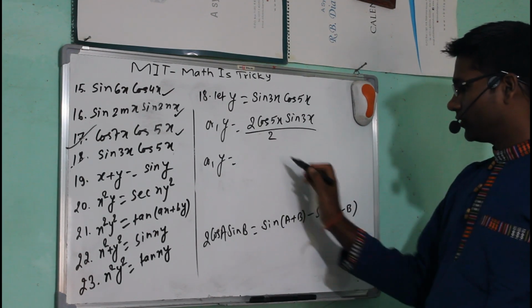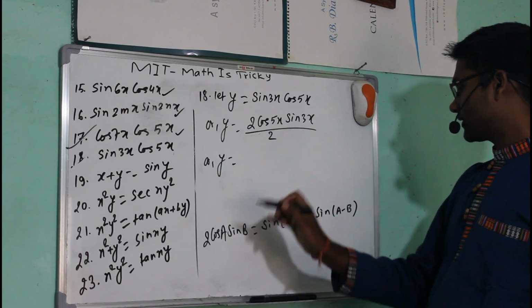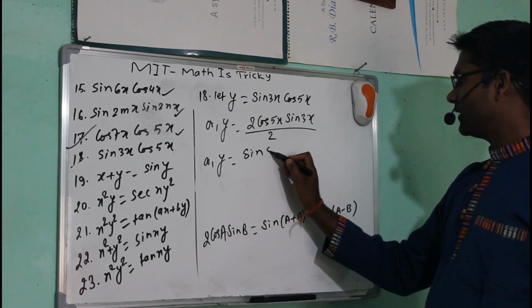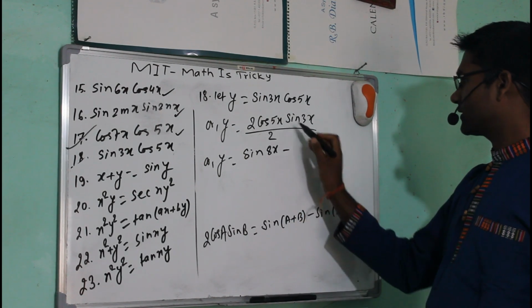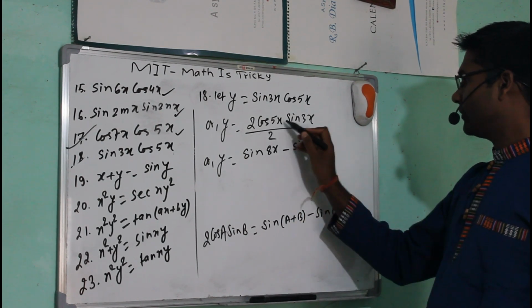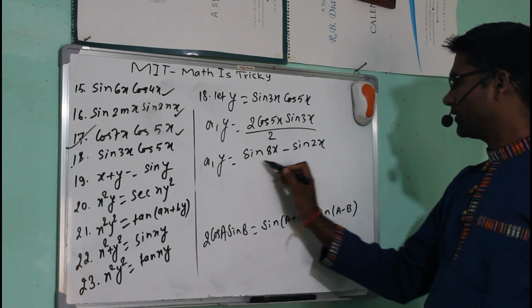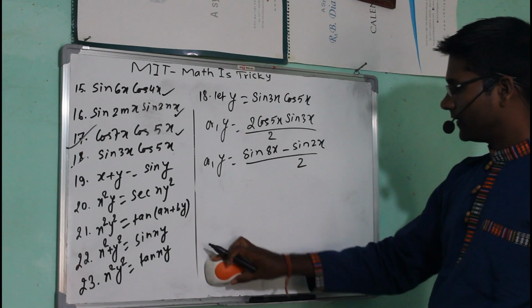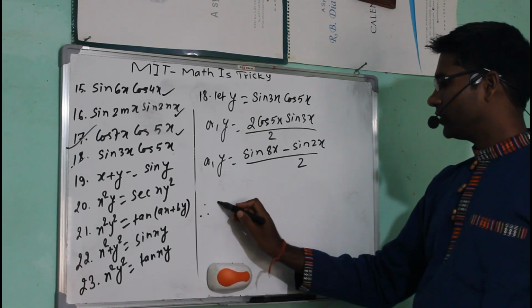From this formula we'll get sine(A plus B), which means sine 8x, minus sine(5x minus 3x), which is sine 2x, all by 2. Now we can differentiate both sides to get dy by dx.